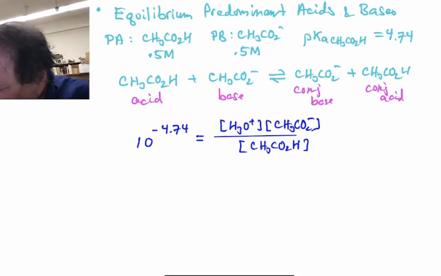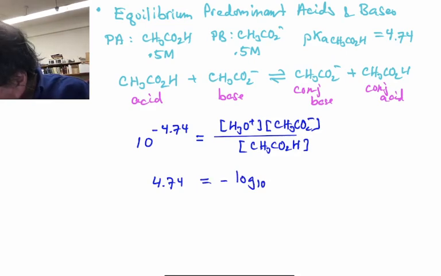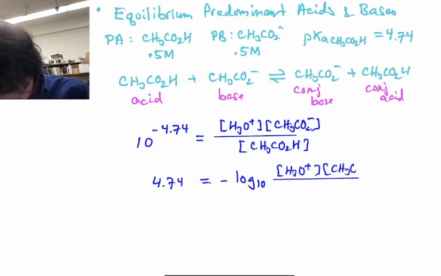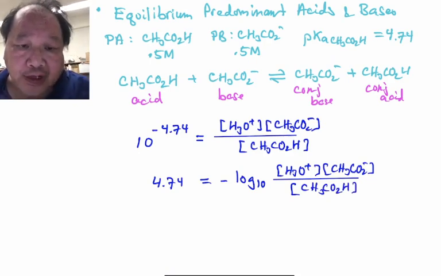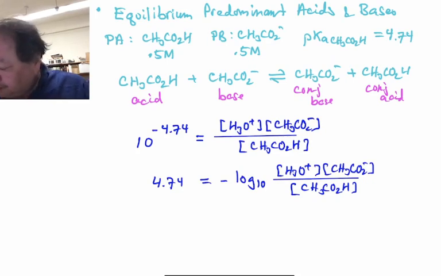So minus the log base 10 on the left side is 4.74. And on the right side, we can pull out the minus log base 10 of H3O plus, which is in fact the pH.